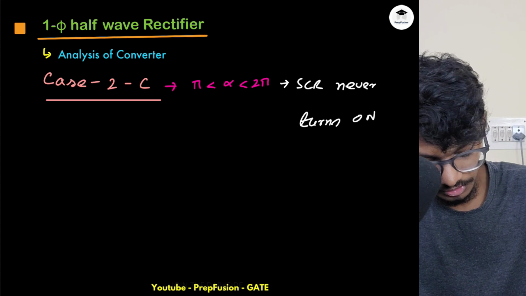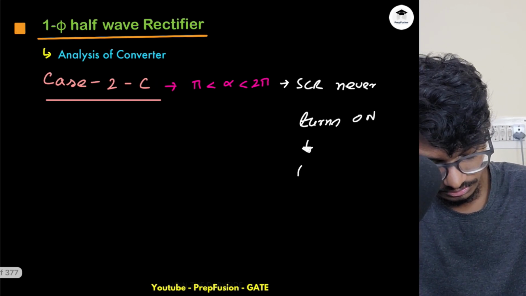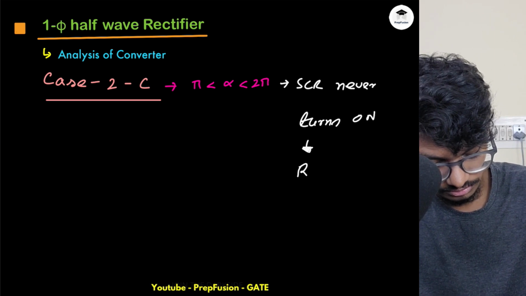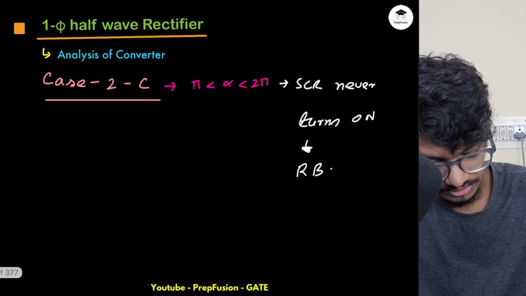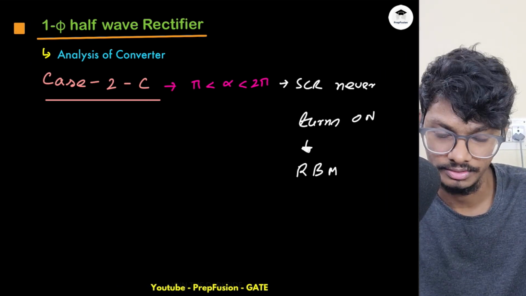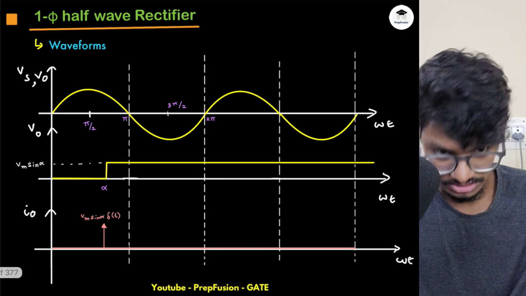Why? Because it is always in reverse blocking mode. It is never in forward conduction mode. It is always in reverse blocking mode, right? So the SCR will never turn on, and the output voltage will always be 0.